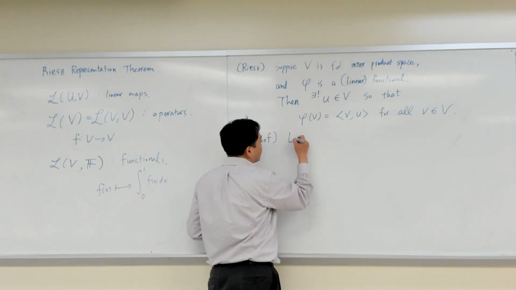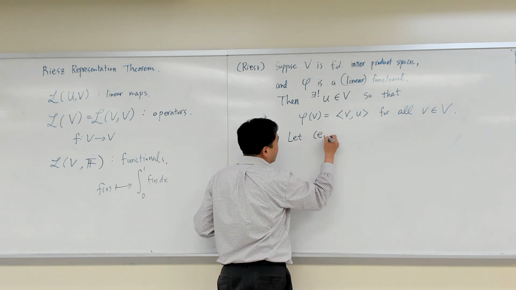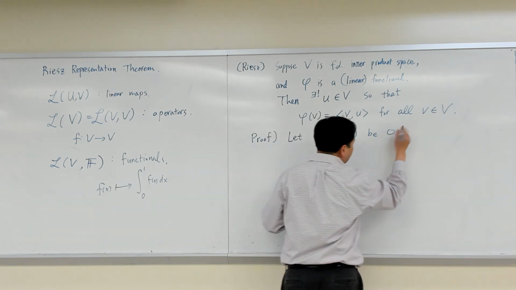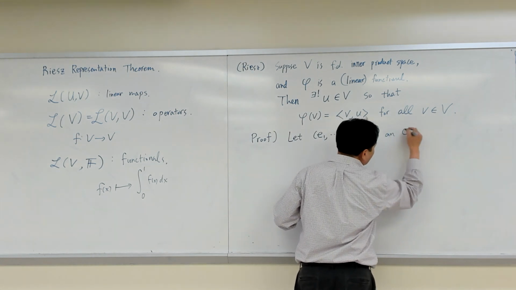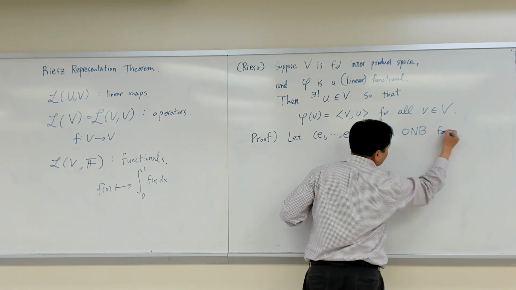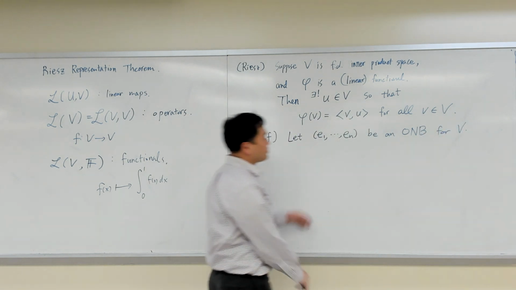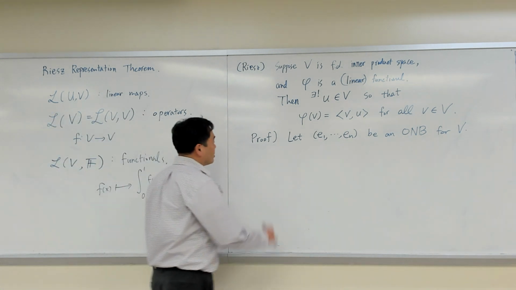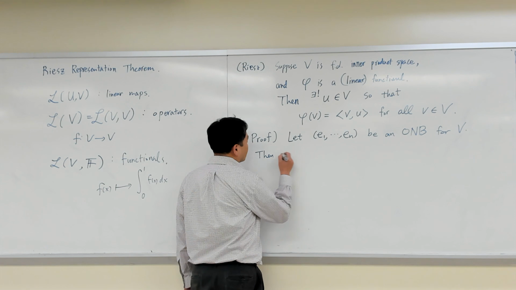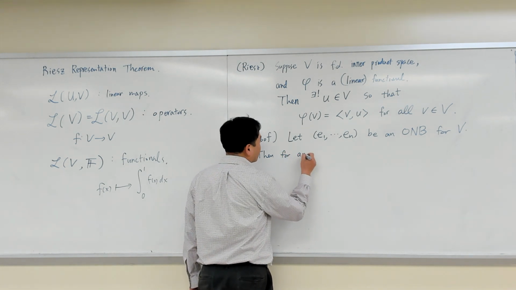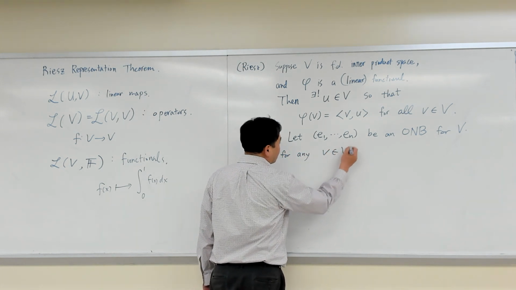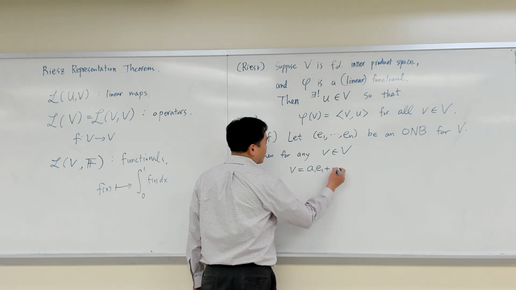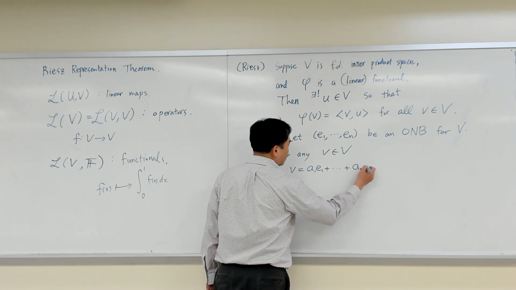So let E1 through En be an orthonormal basis for V. Then for any V in V, we now have V must equal A1 E1 plus and so on plus AN EN.